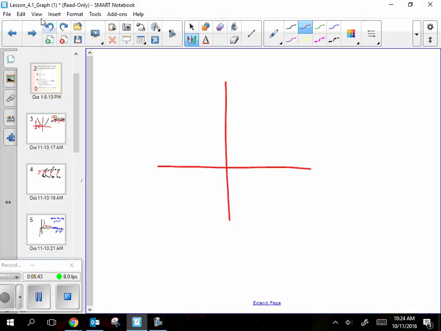All right, that was a pretty bad drawing, but how about odd or even? Odd. It's got origin symmetry. Again, drawing may not be perfect, but all right. So odd, even, or neither.